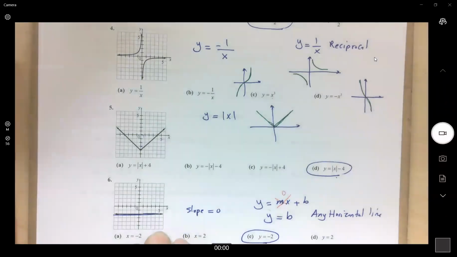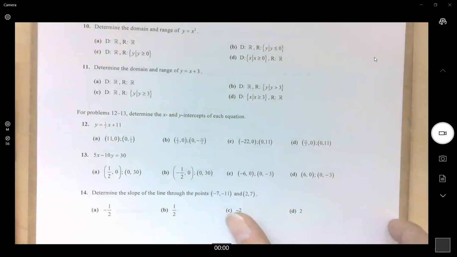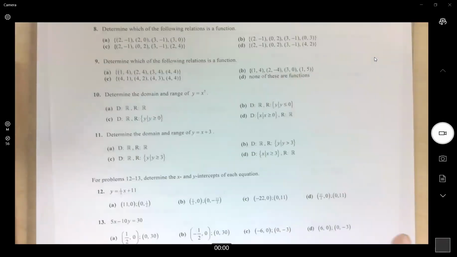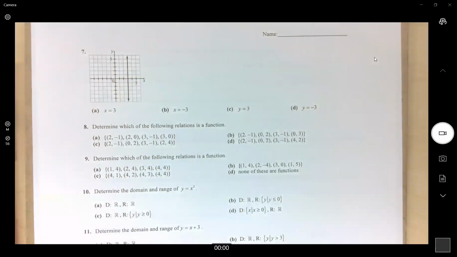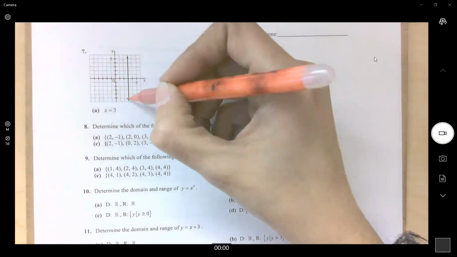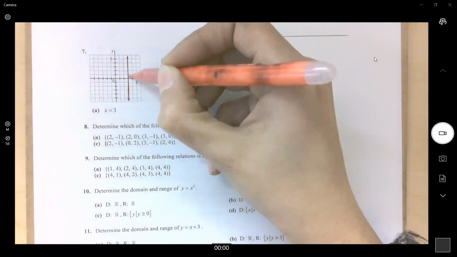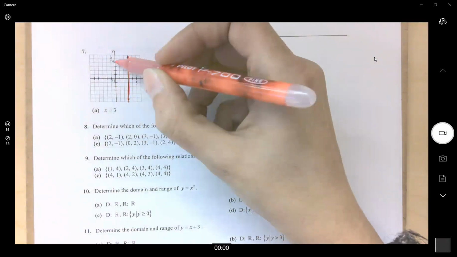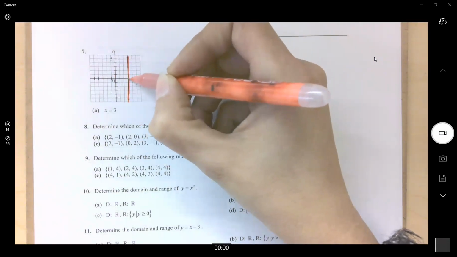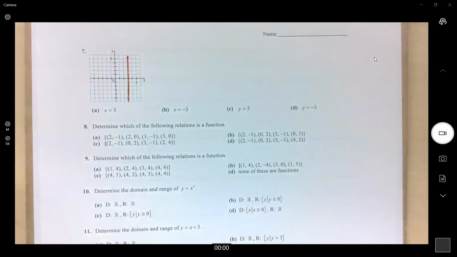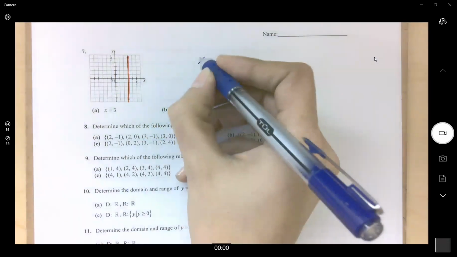Let's go to the next page. What do we have here? Well, number 7. Good. Now we are dealing with a vertical line. This line is a vertical line, and no matter what your y is, your x is always fixed. You have x equals a.